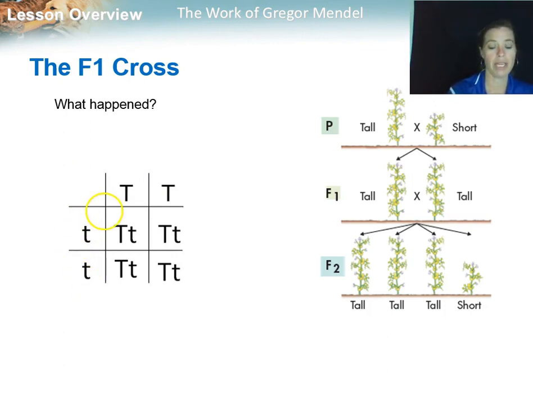Okay, if you put them into a chart like this, you can see that if the little t comes together with the big T, you're going to get big T, little t offspring. And it's going to happen here, and here, and here, and here, and here, and here.